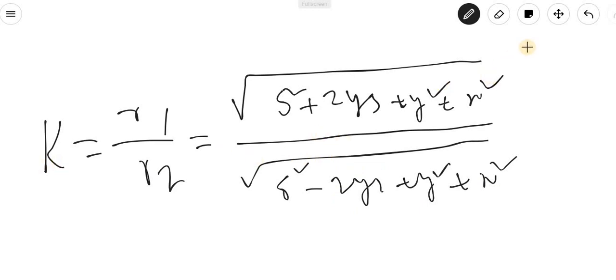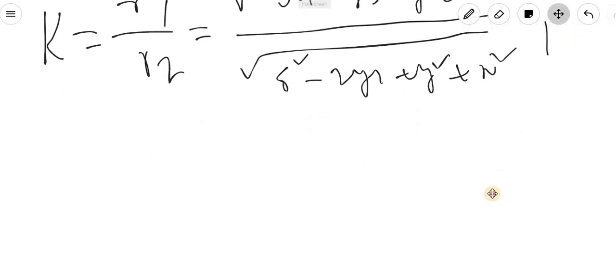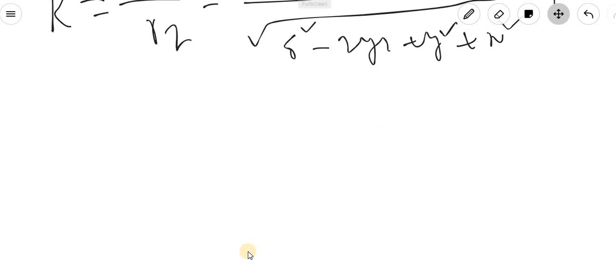Okay. Now this K is any constant. If this is any constant, then what?